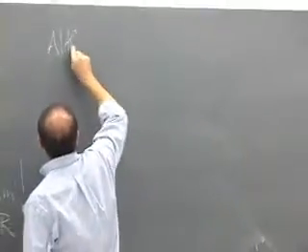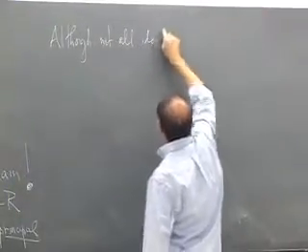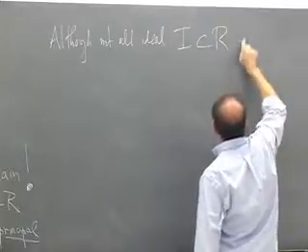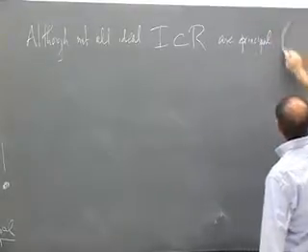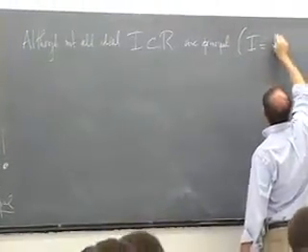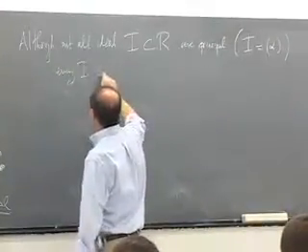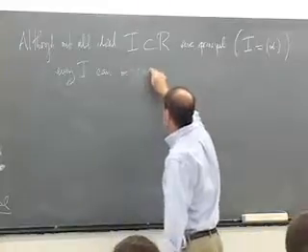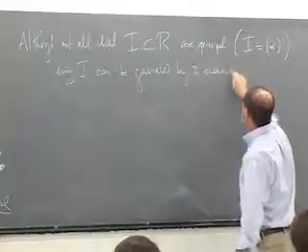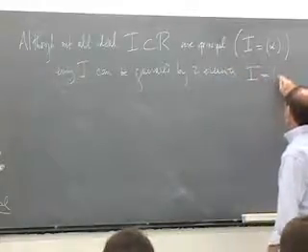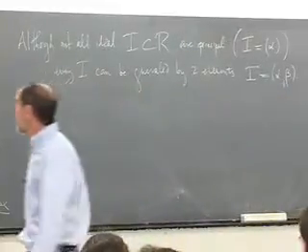Although not all ideals I in R are principal, every I can be generated by 2 elements. That's not true in any ring, but it is true in these rings. So they're not the worst thing in the world, even though they're not always Euclidean or principal ideal domains.